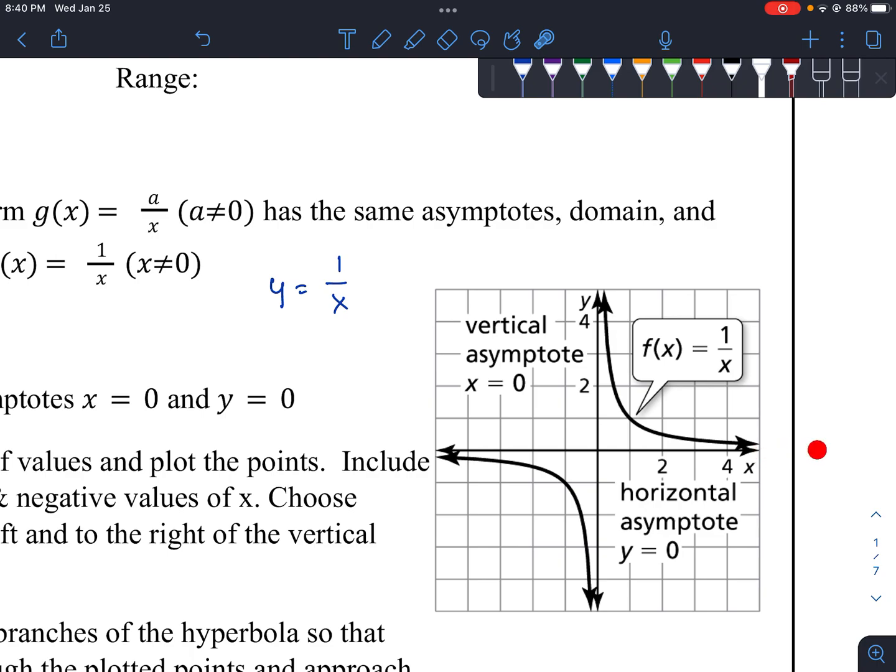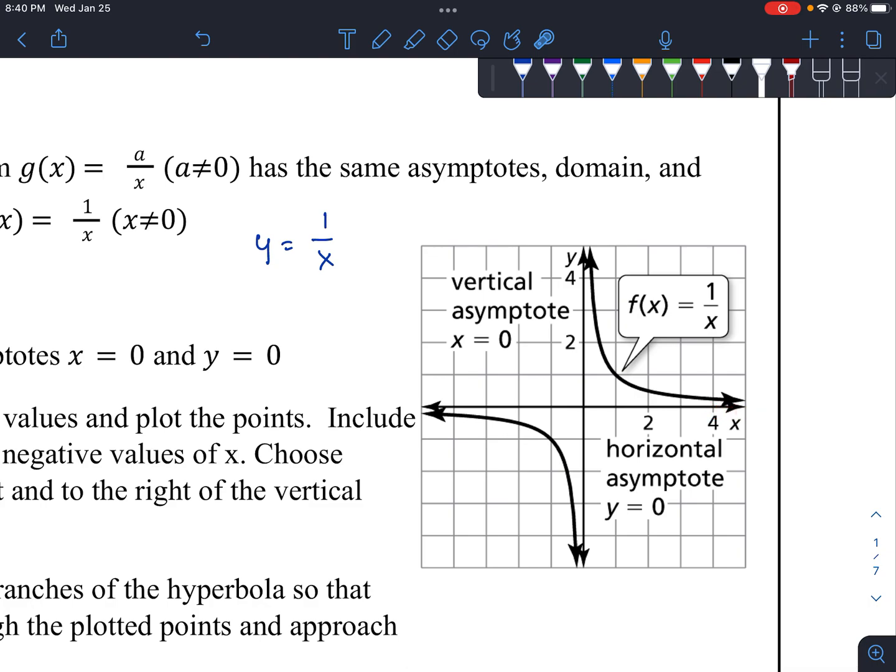Let's say we plug in 4. We get 1 over 4, which is 0.25, and that number is already pretty close to 0. So if x is 4, y is 0.25, which is close to 0. Imagine what happens if we let x get larger.